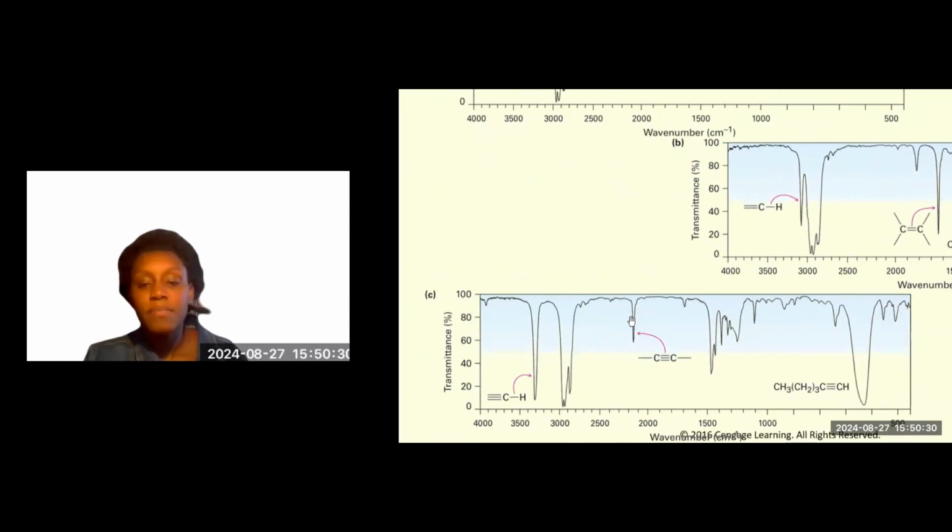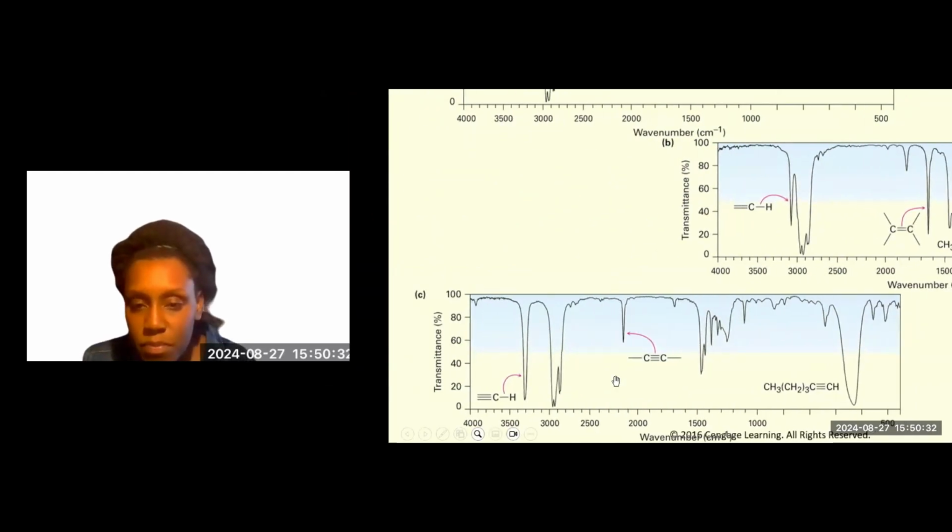Now, if we look here for the last one, we do have some peaks that are just below 3,000. We don't have any peaks just above 3,000 because there are no double bonds here. But we do have a triple bond and it's terminal, meaning the triple bond's at the end.